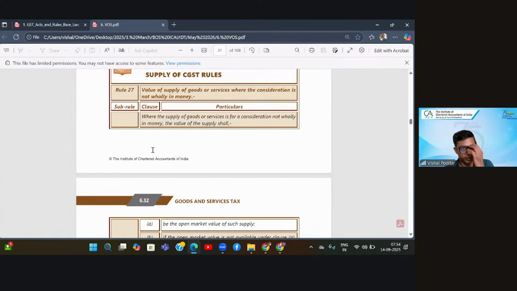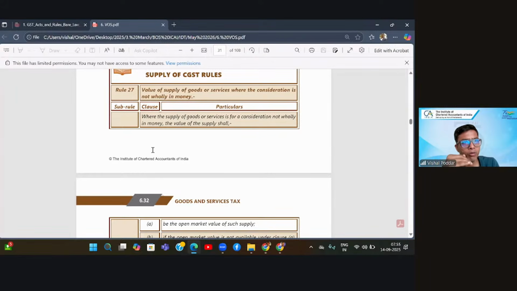Second, Rule 27 will also apply to a scenario where the price is reported in the invoice, but the price is in the form of money plus non-money form. I'll give you an example of this. So let us say we all, I'm sure by now, know the concept of joint development agreements, JDA, correct?